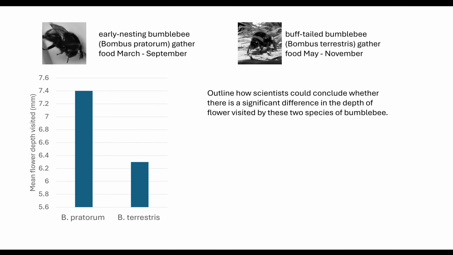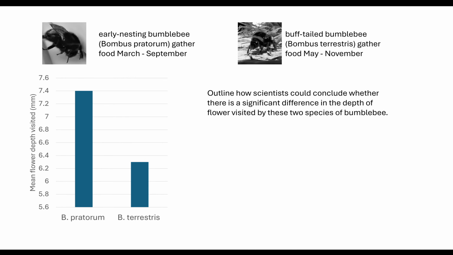So if I were to give you an example of bumblebees, and I told you that there are the early nesting bumblebees and the buff-tailed bumblebees, and I've given you information that they gather their food between March and September, and between May and November. And I've given you information in a graph that tells you the mean flower depth visited in millimeters for each of these species.